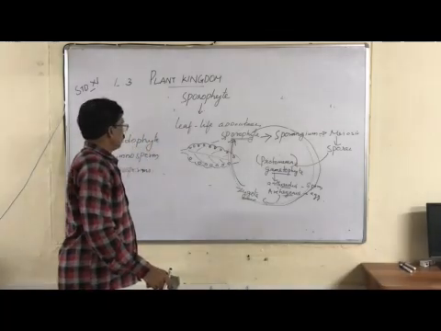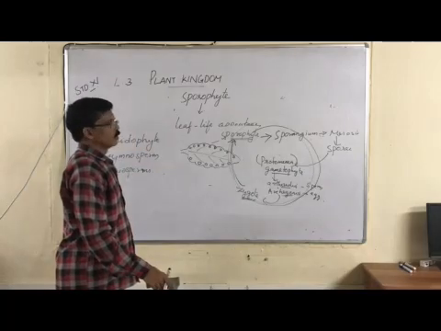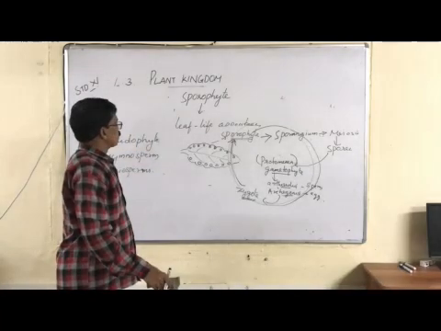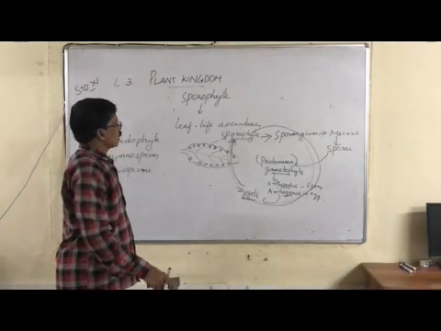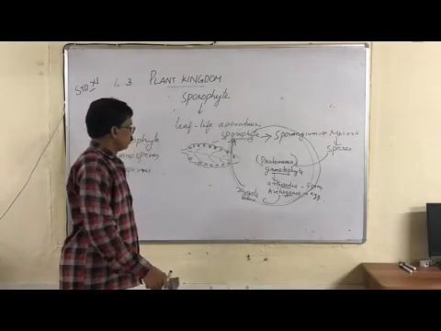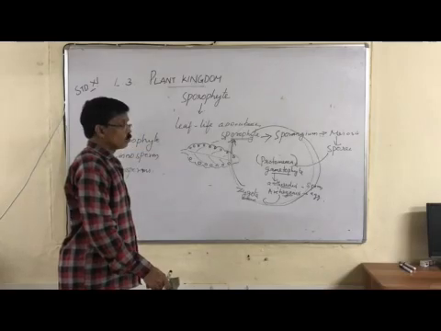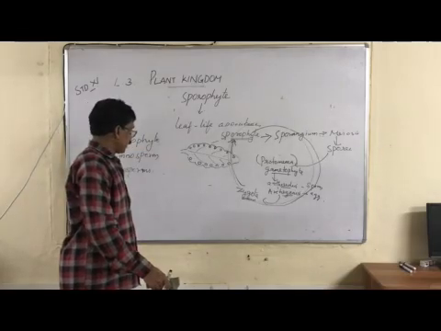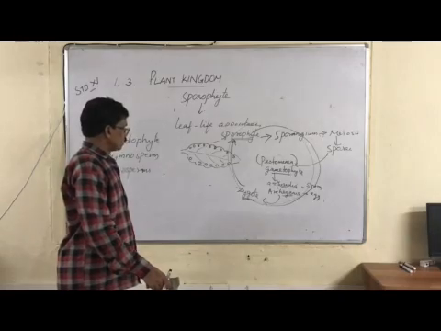Now, what are the major points of pteridophytes? Pteridophytes are divided into two groups, horsetails and ferns. Pteridophytes are advanced plants because they are plants with vascular tissue. Second, they have root-like, stem-like and leaf-like structures.